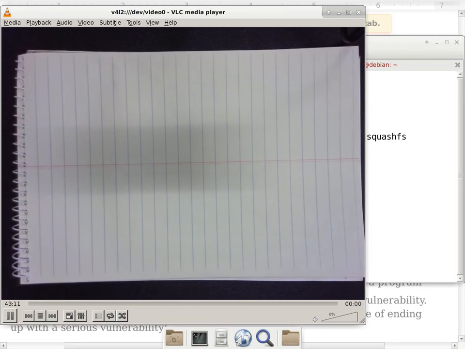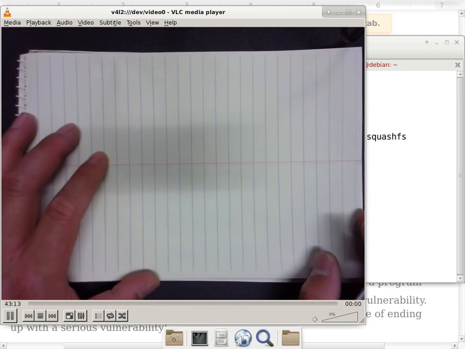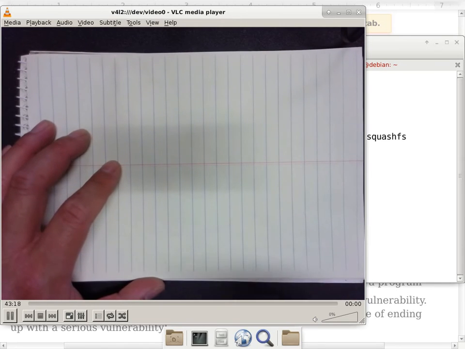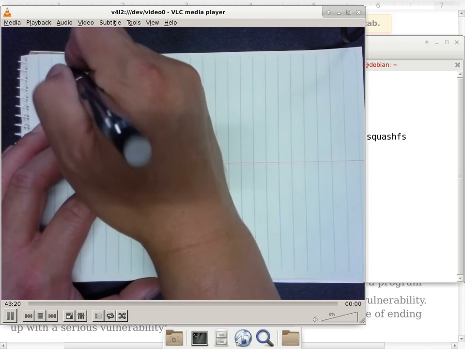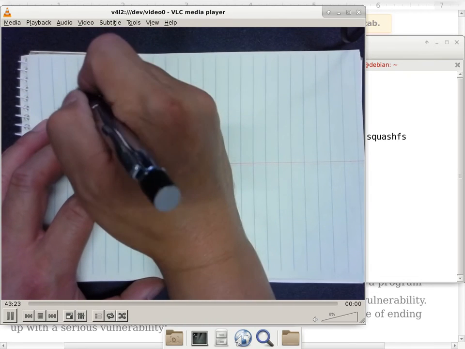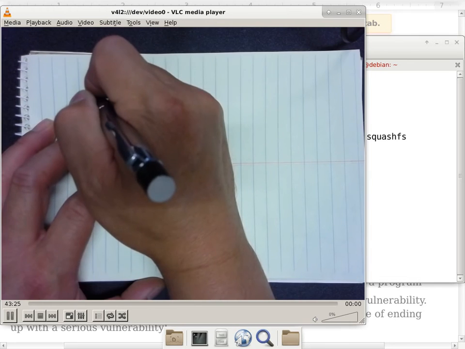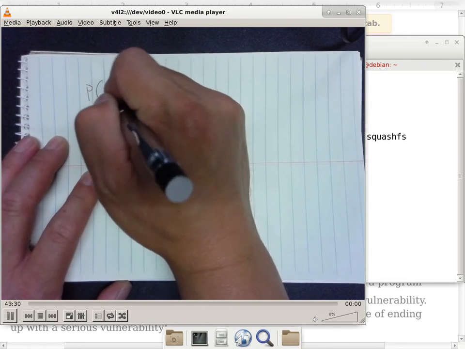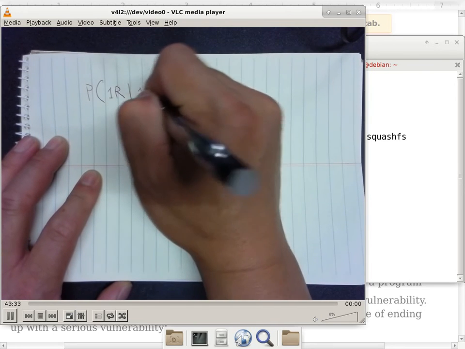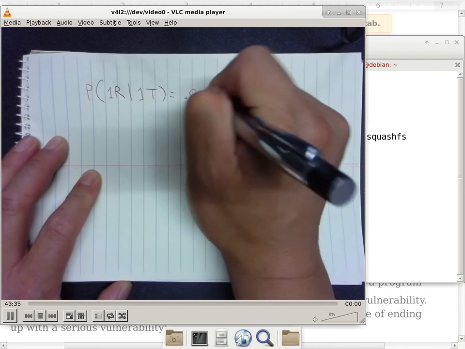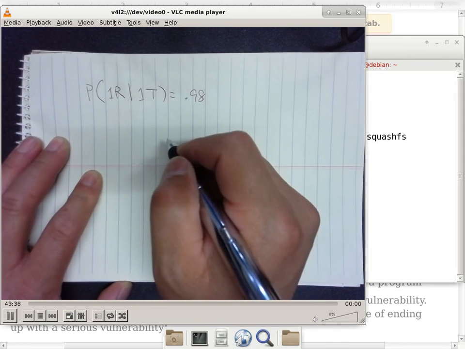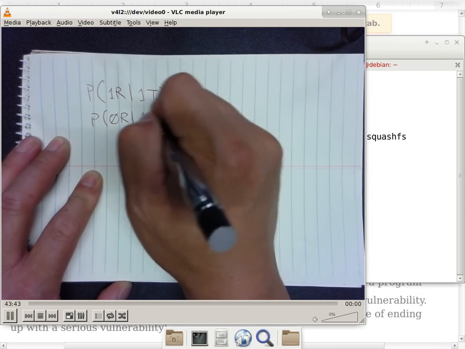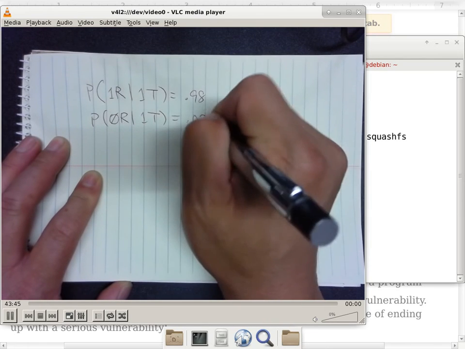So are you teaching us something we already got graded for? Well, this is the formalization of that concept, but it depends on what you use as your omega. The probability of a 1 received and a 1 transmitted is, I think, 0.98 in the exam. The probability of a 0 received when a 1 is transmitted is 0.02.